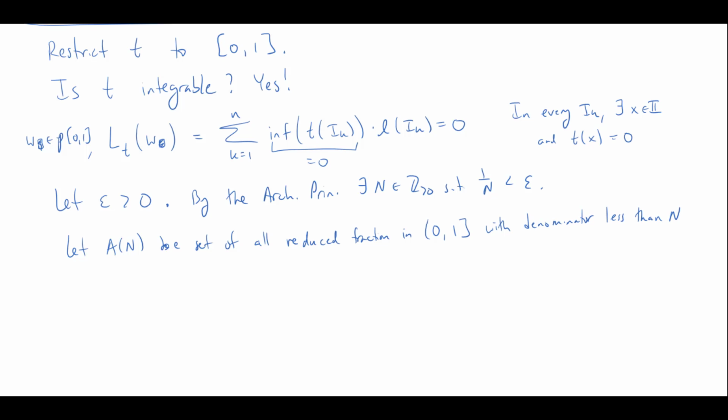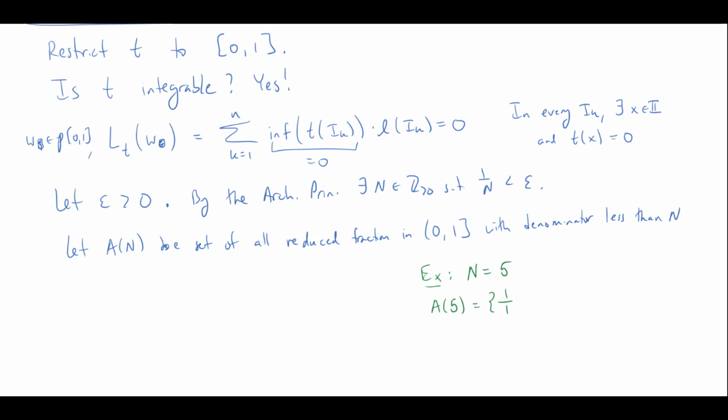Okay, so I'm going to get positive fractions that are less than or equal to 1, but with denominator less than n. So again, just as an example of what we're talking about, let's say we figured out that n was equal to 5. In that case, this a of 5 would be all of the reduced fractions whose denominator is less than 5.